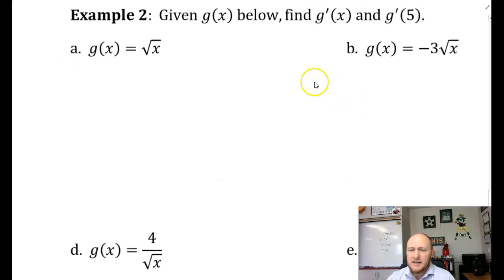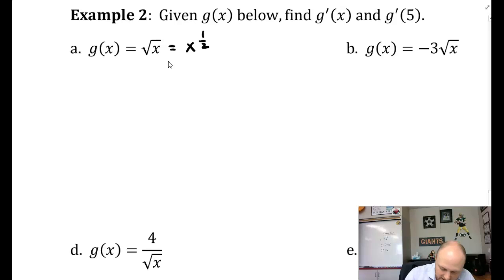All right, example A. g of x is equal to the square root of x. So this is equal to x to the power of 1/2. Now I'm just going to use my power rule, and it's very simple.